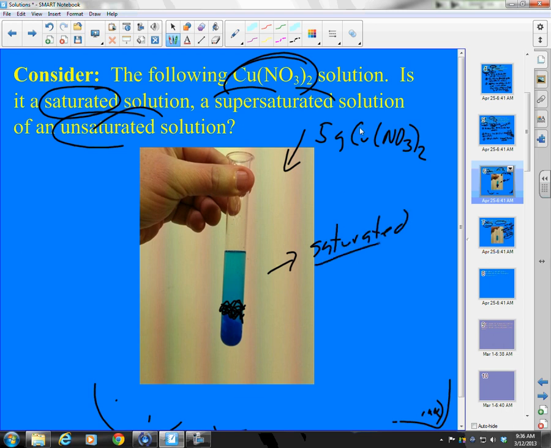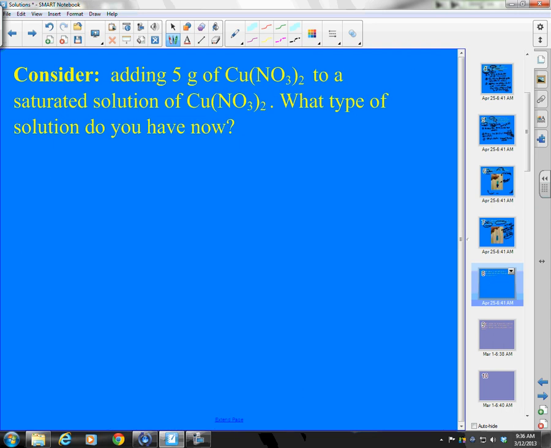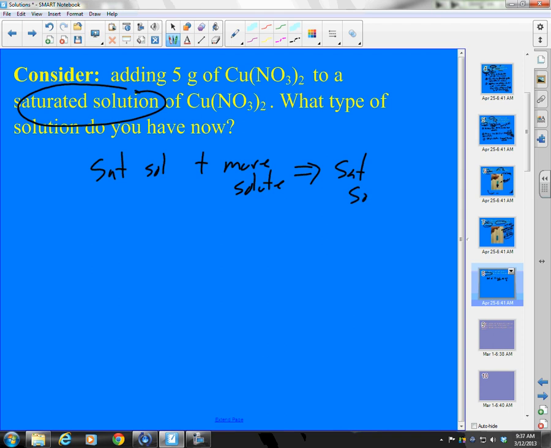This is something that is counterintuitive for us. If I have a saturated solution and I add more solute, what do I get? Hey, I still have a saturated solution. It is not supersaturated.